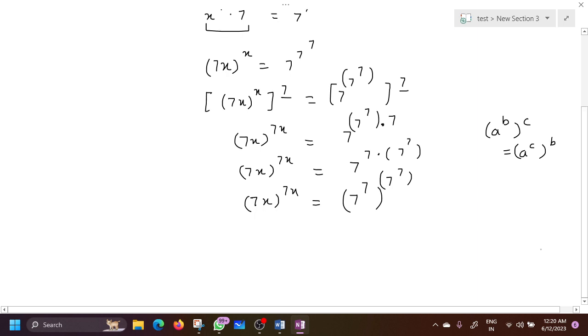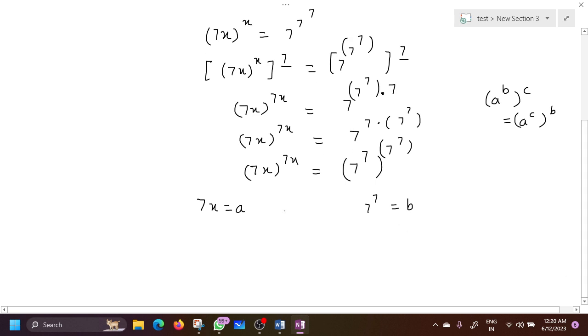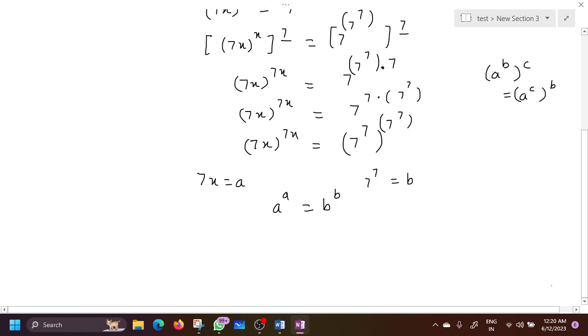This is very easy to see now. If 7x is some quantity a and 7 to the power 7 is some quantity b, then this equation is written as a to the power a is equal to b to the power b, which gives you, from the laws of exponents, that a is equal to b.